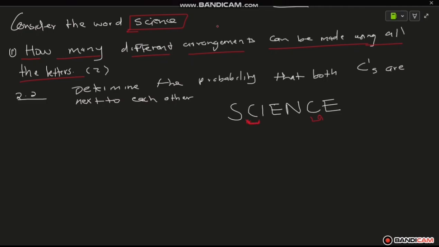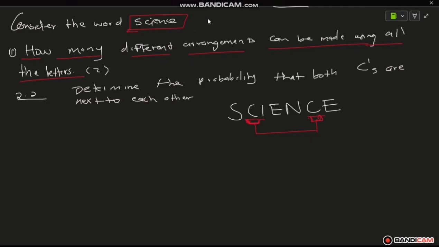If there are letters that are repeated, you divide by their factorials. Since C is repeated 2 times, we divide by 2 factorial, and E is also repeated 2 times. If we had 3 letters that were repeated, we would actually use 3 factorial.